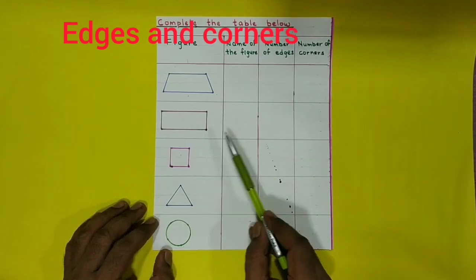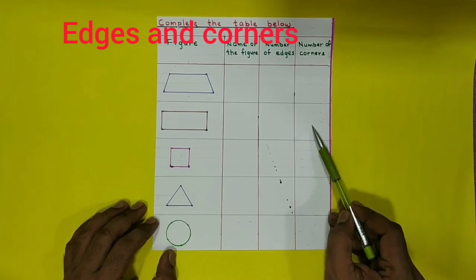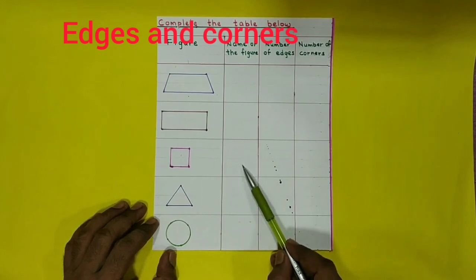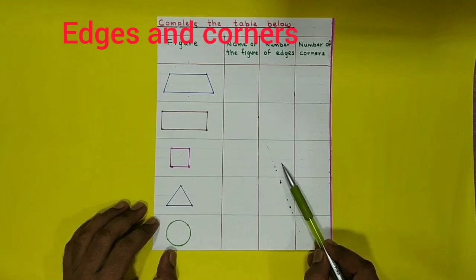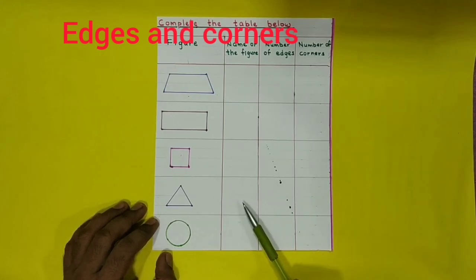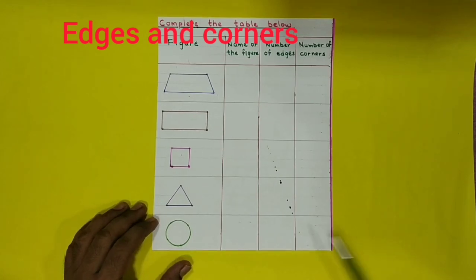Second figure is rectangle, number of edges 4, number of corners 4. Third figure is square, number of edges 4, number of corners 4. Fourth figure is triangle, number of edges 3, number of corners 3. Last figure is circle, number of edges 0 and number of corners 0.